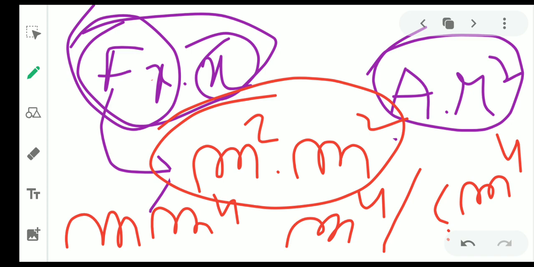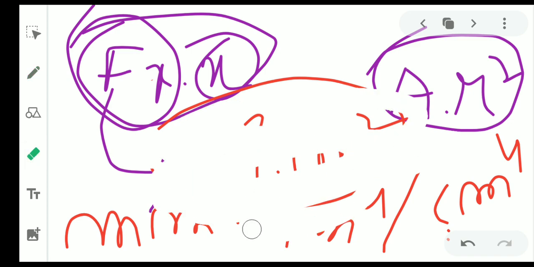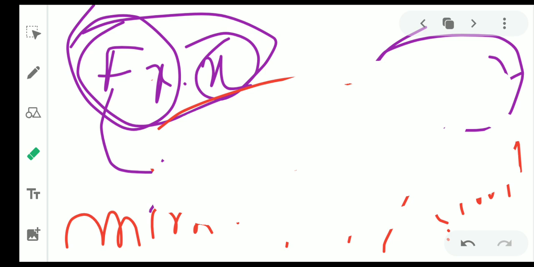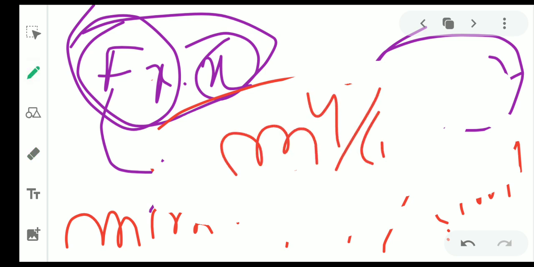So the unit of moment of inertia is the fourth power of the normal unit of length, according to the question. Okay, simple. This is the basic of moment of inertia.